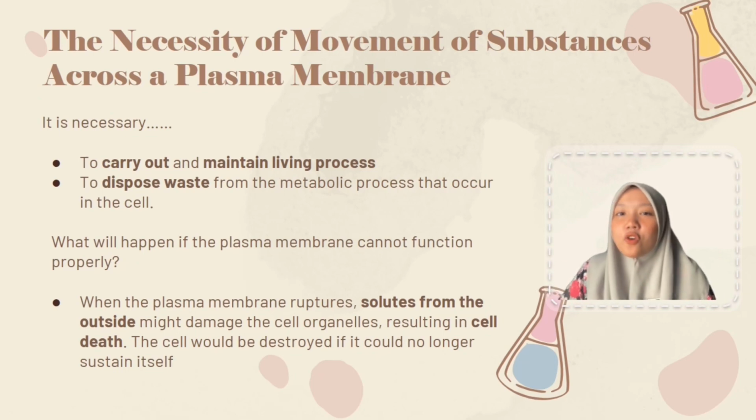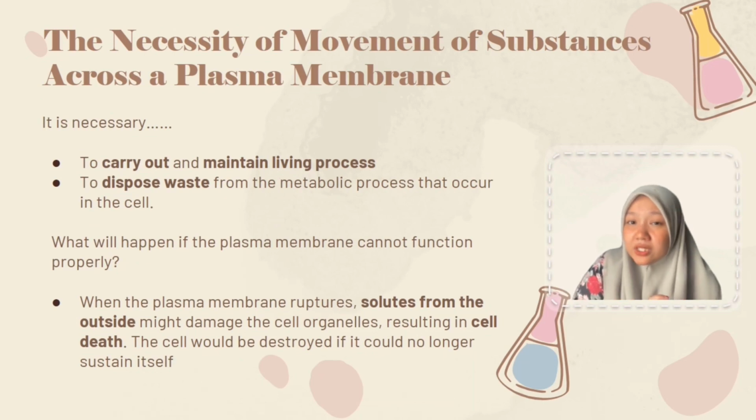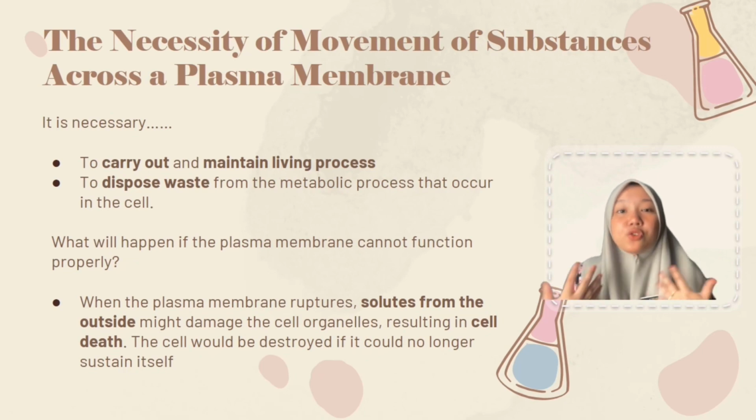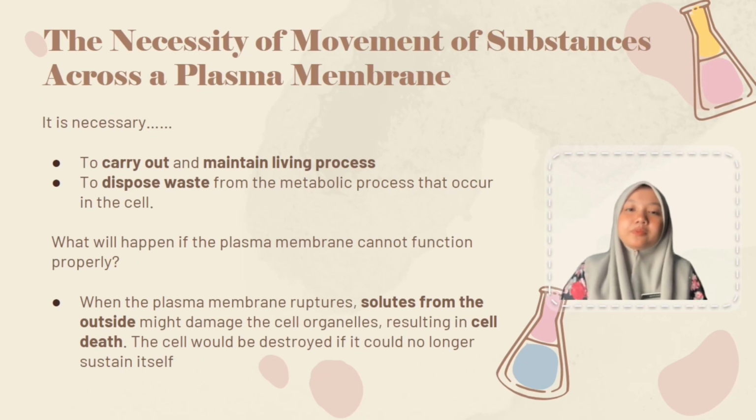If the door of your house is broken, the thief could enter your house and damage your property, right? So when the plasma membrane functions less effectively, it could allow harmful substances and may cause damage to your cell. That's how it's related to real life.